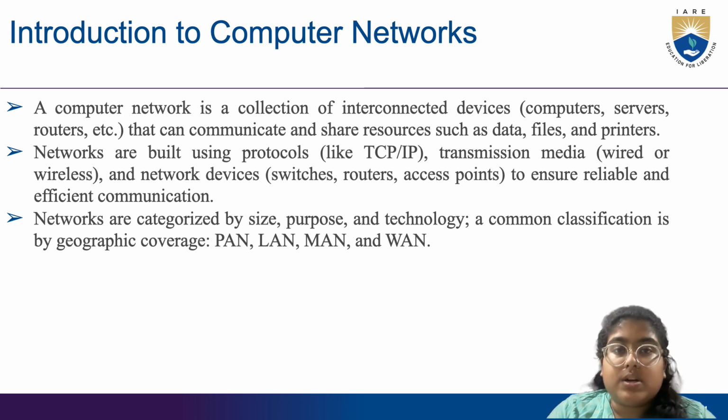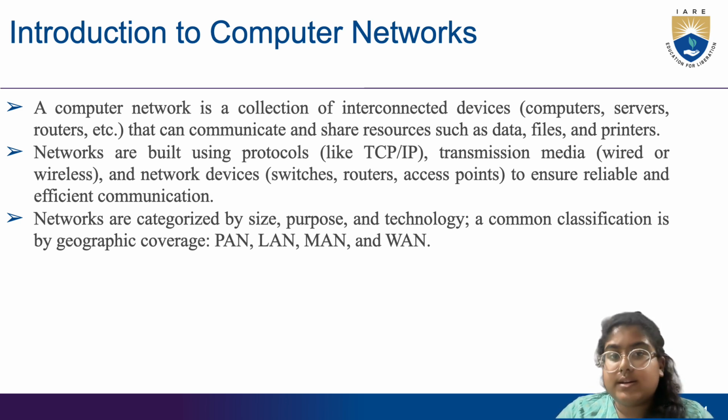A computer network is essentially a system of interconnected devices such as computers, servers, routers, and other hardware that communicate with each other. These devices share data, resources, and services. Communication in networks is made possible using protocols such as TCP/IP, which define how data is transmitted and received.